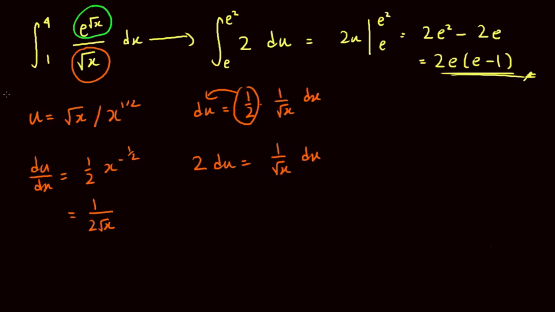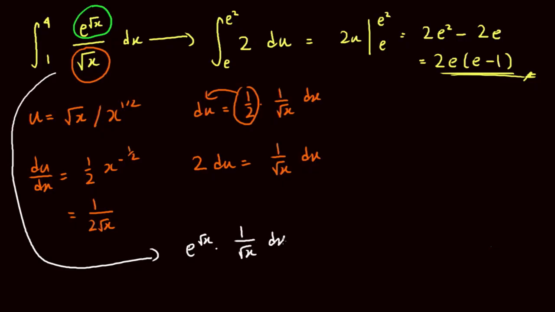And again, for this particular function, if you write it cleverly, it's simply e to the power of root x times 1 over root x dx, thus making the substitution a little bit easier. Therefore your integral would simply be e to the power of u times 2 du, and your limits would be between 1 and the square root of 4, which will obviously be 2.